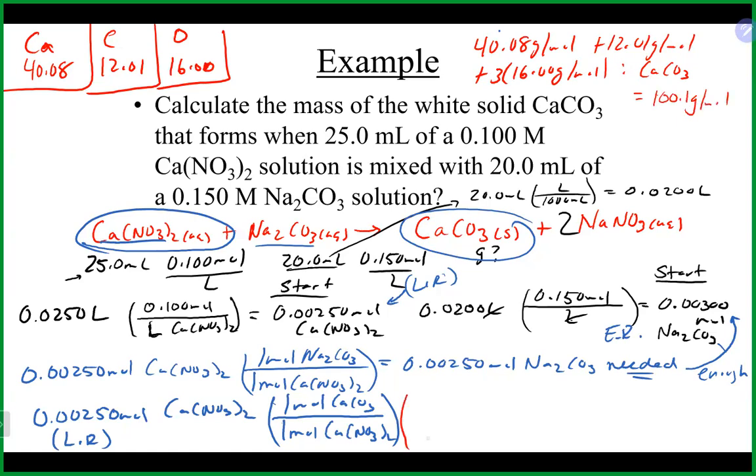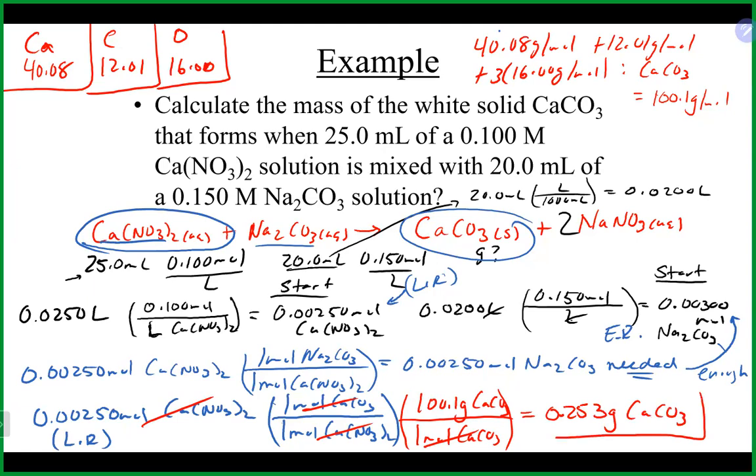We will use that to finish out the calculation here. 1 mole of calcium carbonate will give us 100.1 grams of it. The moles will cancel. That's going to get us 100.1 times 0.0025. And give us here 0.253 grams of calcium carbonate would be produced in this case. And this again would be a theoretical yield.